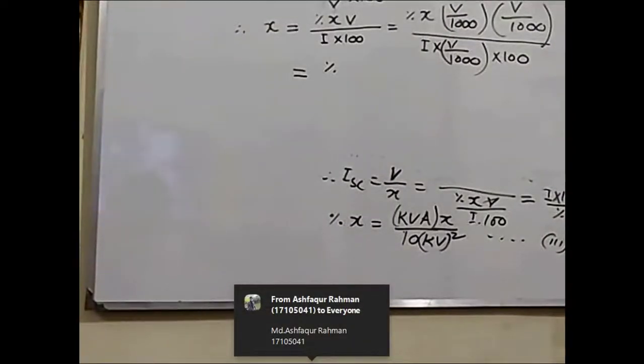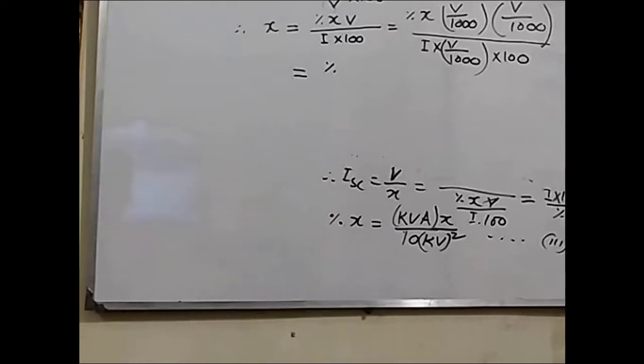You see that I have written it correct or not? To prove the third formula, we want to see whether it is correct or not. X equal to, from the first equation I have written.